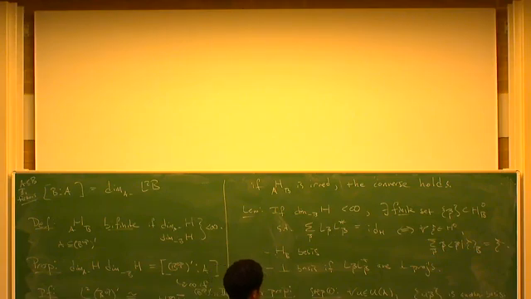If I have an A-A bimodule K, we say zeta in K is acentral, and we denote the set of such vectors A prime intersect K, if for every a in A, a zeta is zeta a.